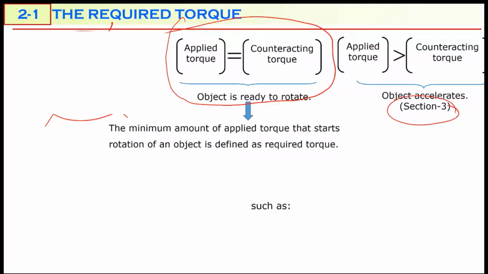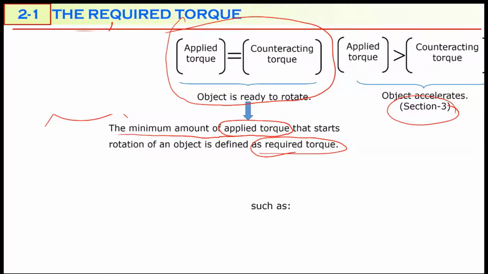So the definition of required torque is this: the minimum amount of applied torque that starts rotation of an object is defined as required torque. This definition is not given in your book.